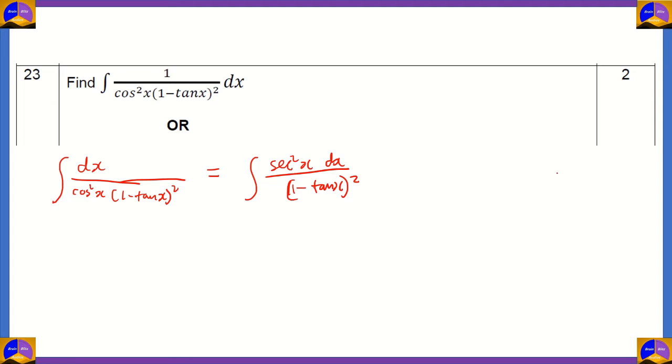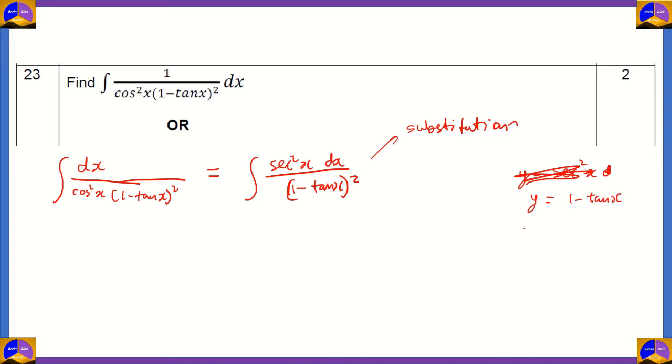Now, how do we further solve this equation? We will use substitution. So now we'll consider y as sec square x. No, that is wrong. What we're going to be considering is y equals 1 minus tan x.